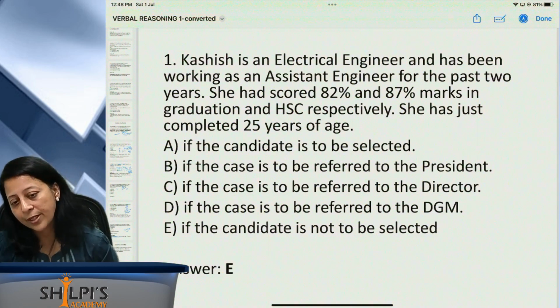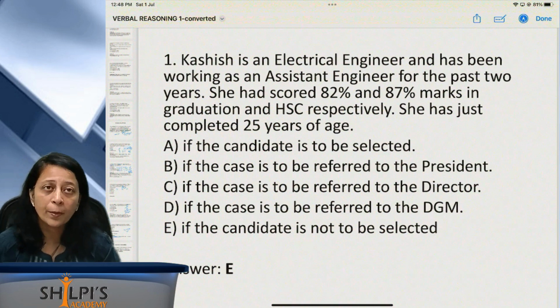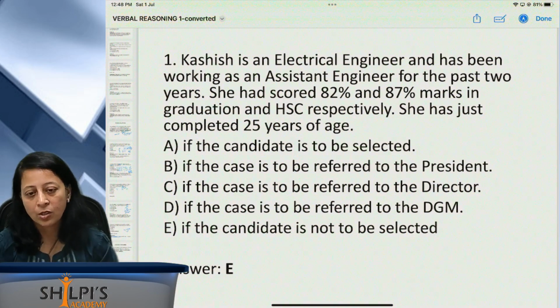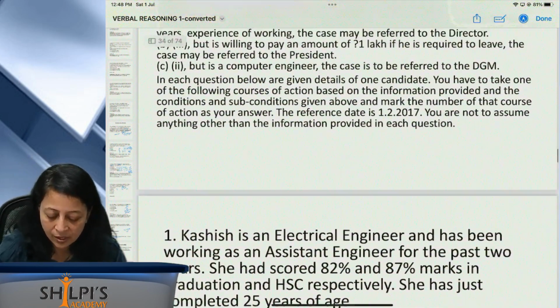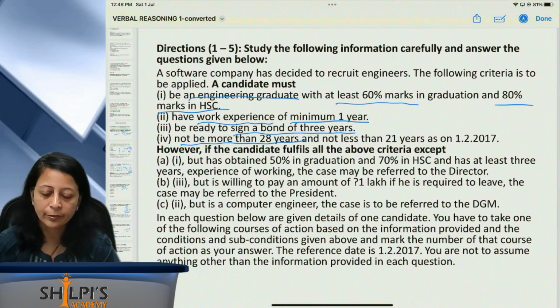They needed only 60 and 80%, she has scored 82 and 87%, and you needed a person not more than 28. She is only 25. Are you going to select this candidate or not, students? Read this paragraph carefully and let me know.